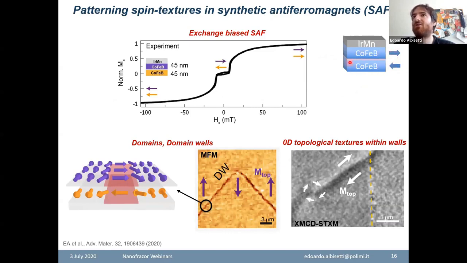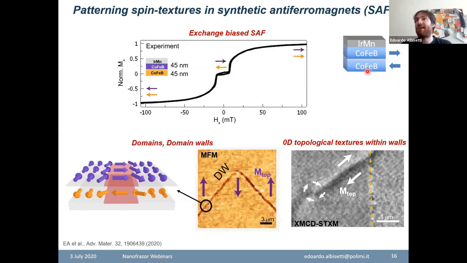So this is called the synthetic antiferromagnetic system, because you have two ferromagnetic layers that are point-by-point oriented in the opposite way with respect to each other, which is something that mimics what happens in antiferromagnetic materials, but at a whole film level.